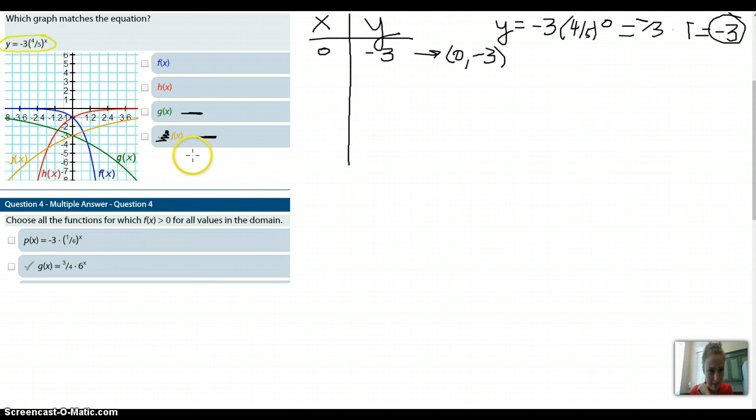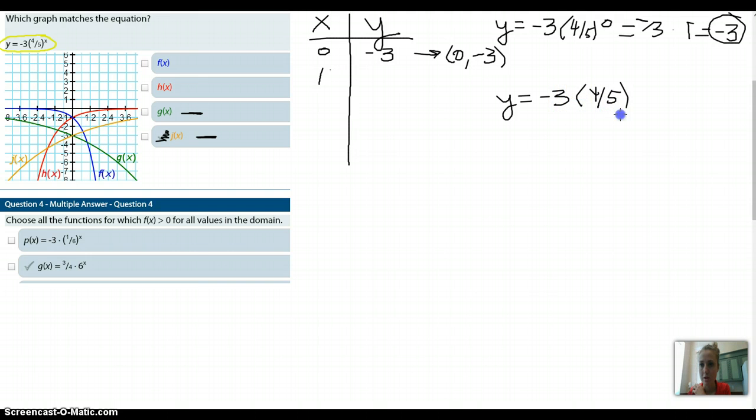So let's pick another number and see what we get in our function, and then that will help us determine the final answer. I like to pick pretty easy things for x, so I'm going to just choose x to equal 1. And that means that I'm going to have to do another equation to see what we get for y. So that will just be equals negative 3 times 4/5.